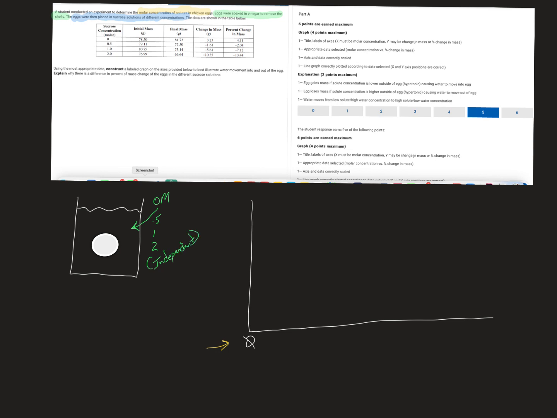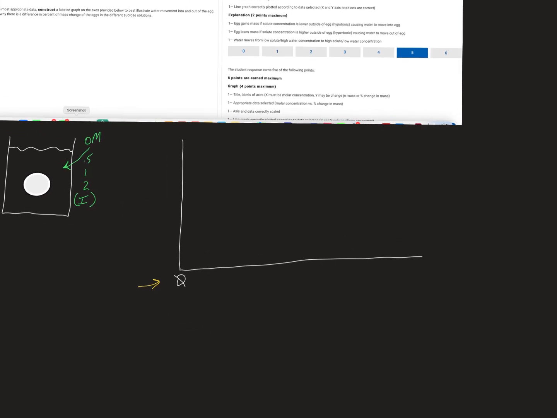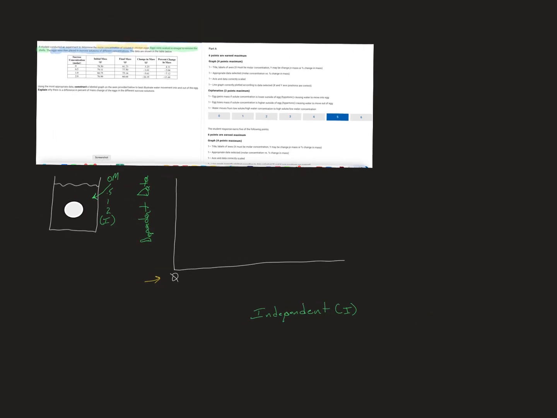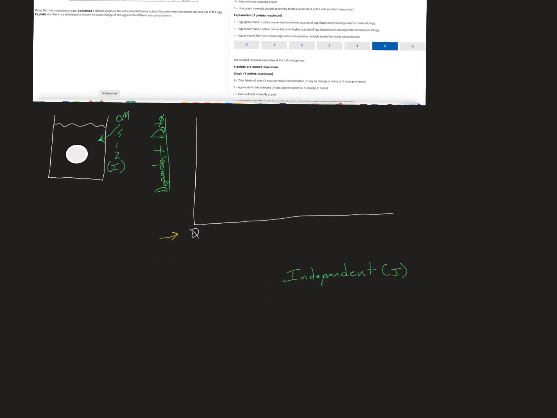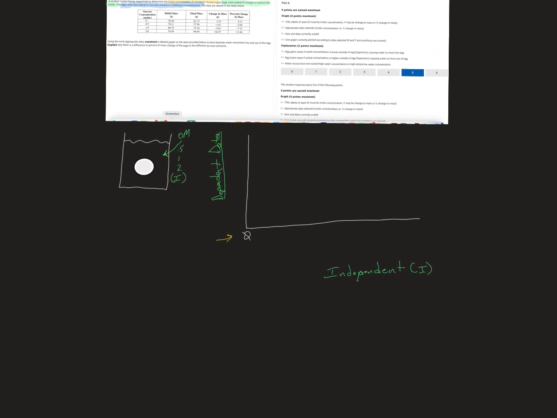So you're expected to know that your independent data goes on the x-axis, and that your dependent data goes on the y-axis.